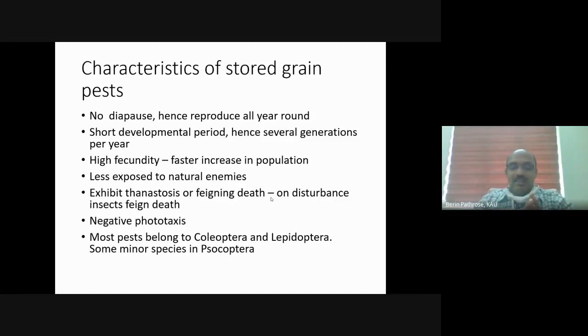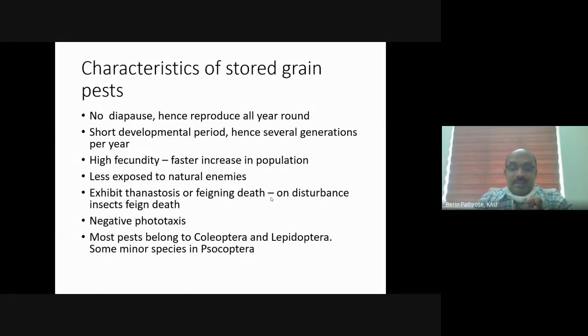And one more order is also there, that is Psocoptera, but it is extremely minor. In India as such, we don't consider Psocoptera as a major pest, but in Western countries, especially Australia, they consider Psocoptera a major pest of storage. I will discuss it later when we come to Psocoptera.